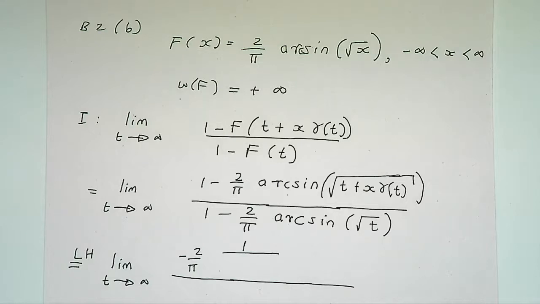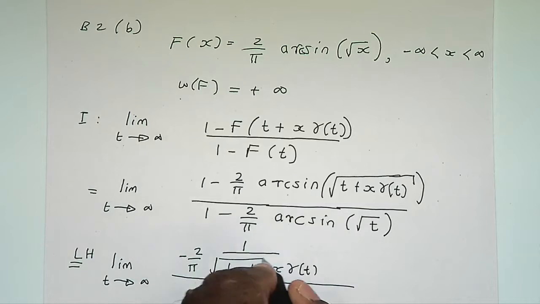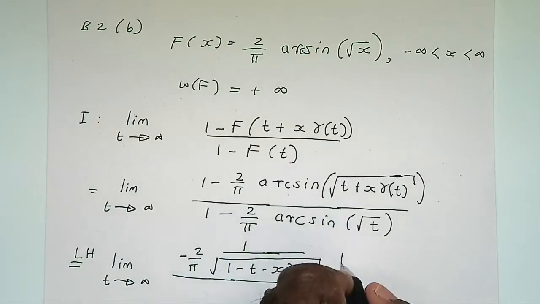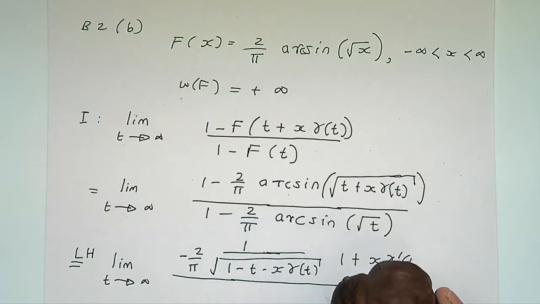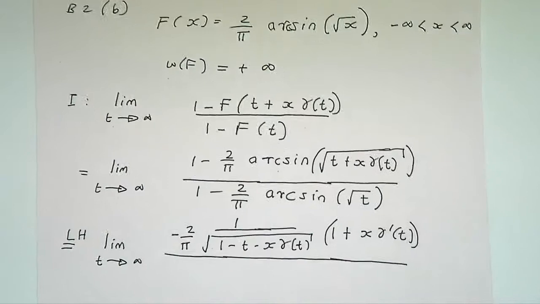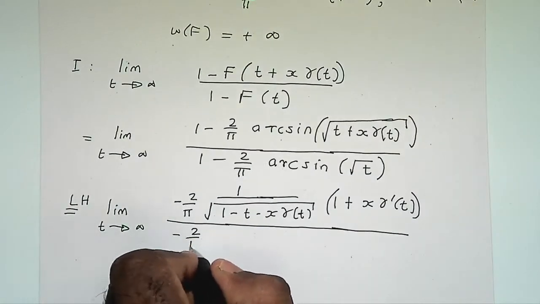So it's going to be the square root of 1 minus x gamma t, right? Then you have to differentiate this guy here, it is going to be 1 plus x gamma prime t. Correct me if I'm wrong.